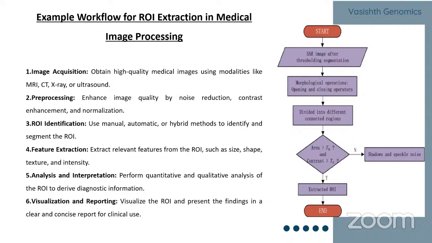Okay, so an example workflow for the ROI in medical image processing. Okay, so you have this image. First, you need to acquire the image. So from where you are getting it, we have to be very careful in this particular area, because these are all medical images and all will be copyrighted.